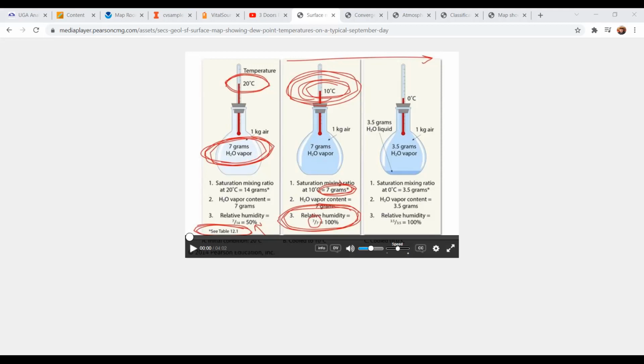We start out with 10 grams of water vapor, so we're at 50% relative humidity, because it takes 20 grams to achieve saturation. If we decrease the temperature to 15 degrees Celsius, now we're at 100% humidity because it only takes 10 grams to be saturated at 15 degrees. Okay.